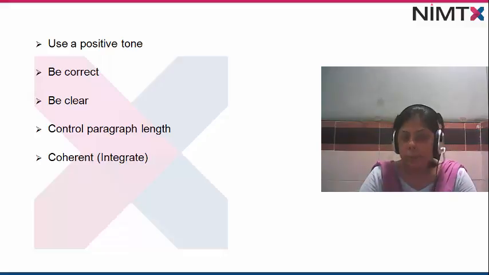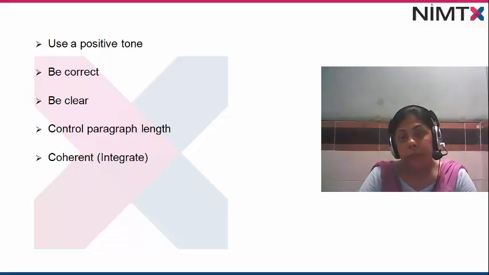Be clear. Control paragraph length. People, while you're writing, it is important to know that your paragraphs and sentences should not be very long, because reading long sentences can bore the reader.